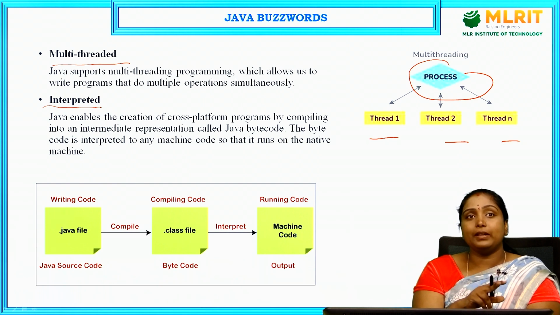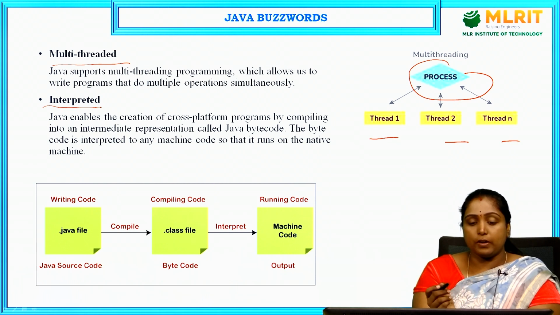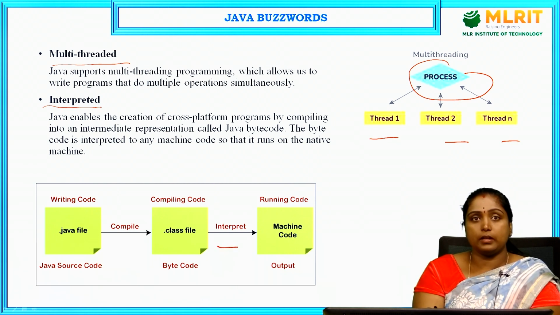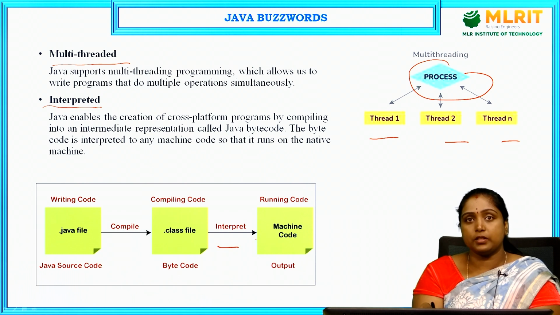So whenever you interpret the Java bytecode, it is converted into machine code. So interpreted is one of the features of Java.